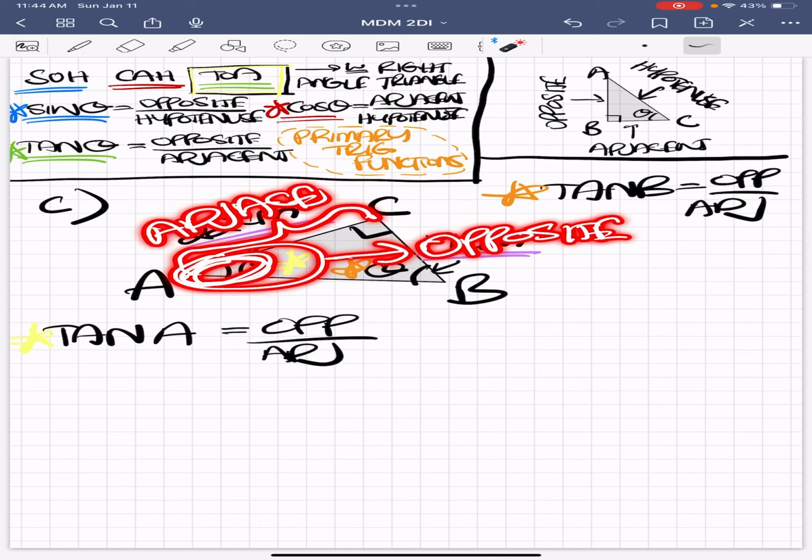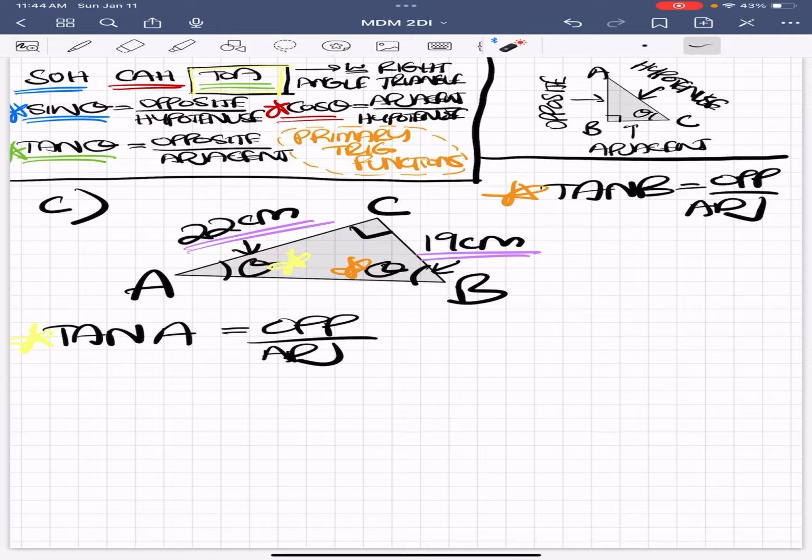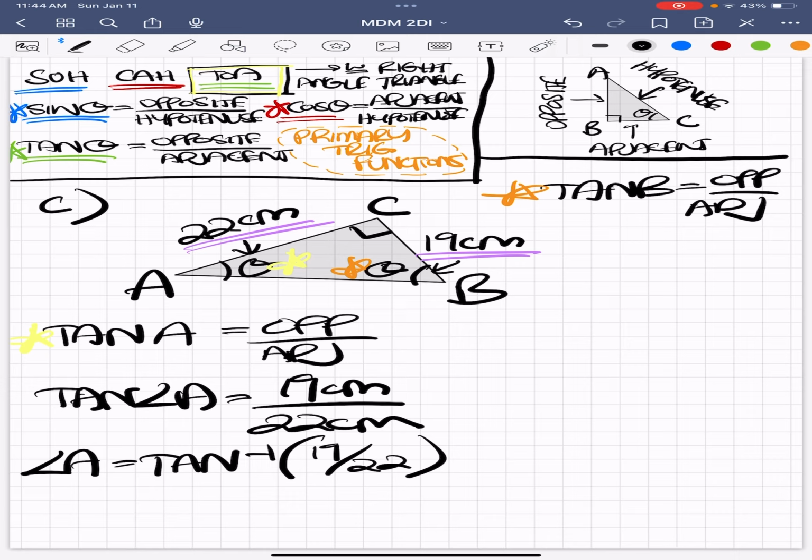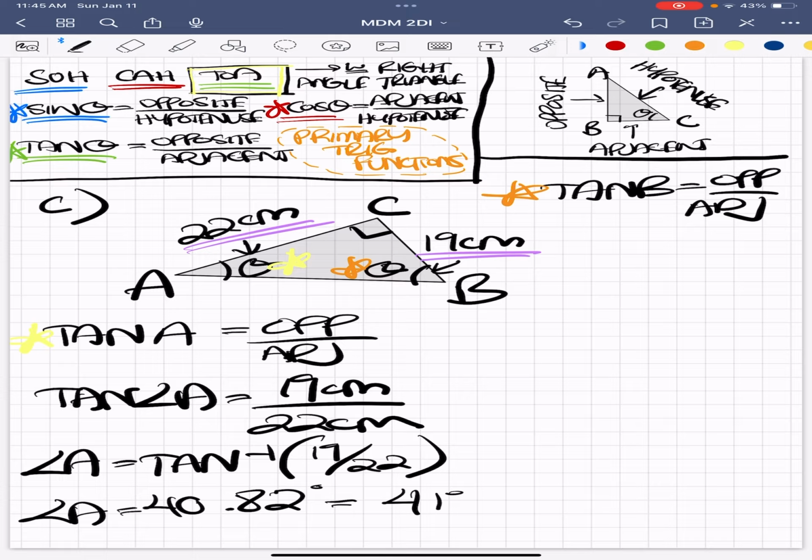So we have tan angle A being opposite 19 centimeters over 22 centimeters, opposite over adjacent, angle A. We're going to take the tan inverse 19 over 22, and then angle A being 40.82, and then rounded to the nearest degree would be 41 degrees. And then we'll circle that in yellow.